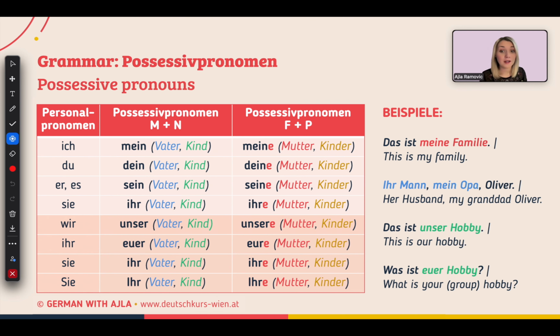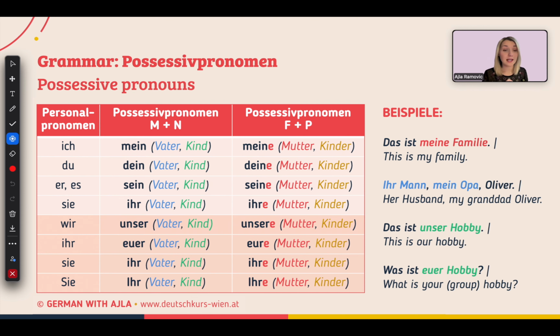And then we could also add, das ist ihre Mutter und das sind ihre Kinder, meaning this is her mother, Laura's mother, and these are her children. So please remember this.